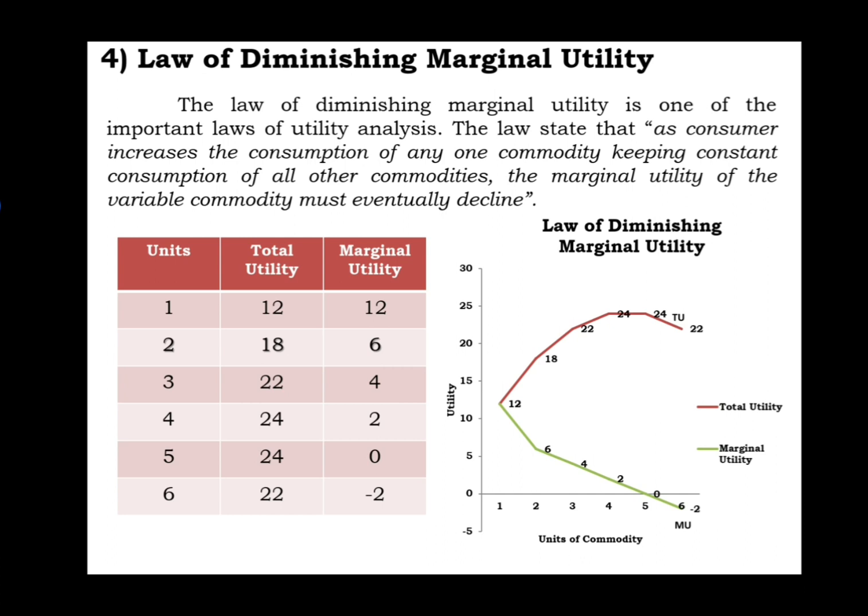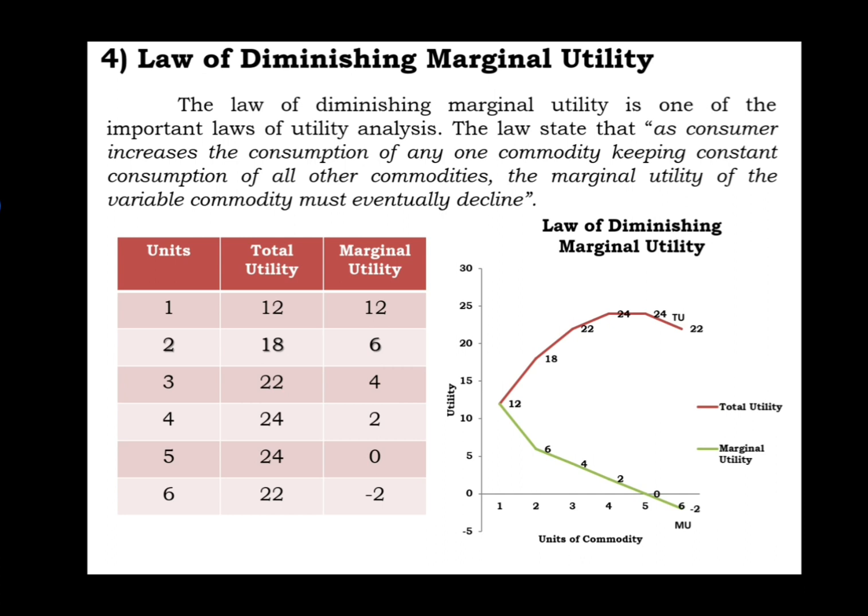It means if a consumer goes on consuming units of one commodity and keeps all the other goods constant, meaning the consumer is not consuming other commodities but only one commodity, the marginal utility of that commodity must eventually decline.